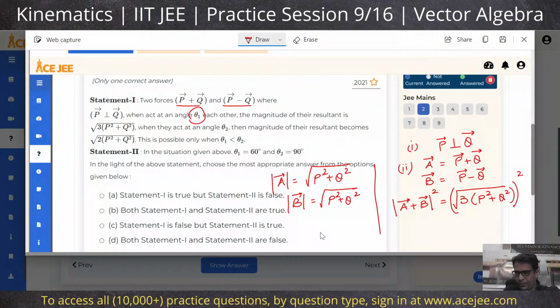And then, sir, we can substitute the values of A and B, and then we can equate to under root 3 P square plus Q square, and similarly, sir, we can get the equation of A minus B. Okay.